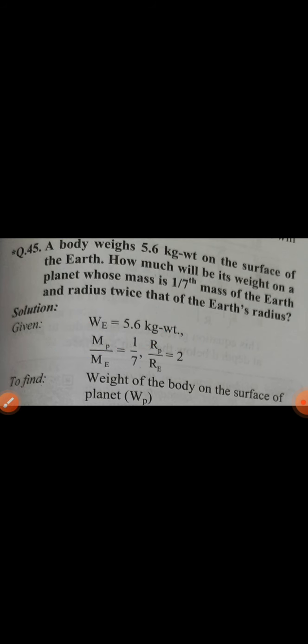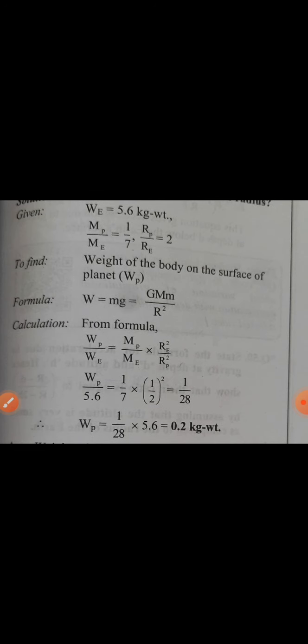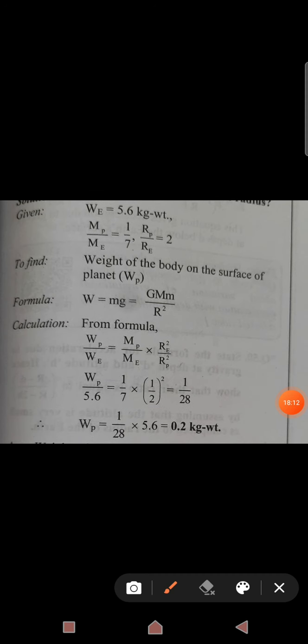Now we'll move to the solution of this question. Here weight on the earth's surface is 5.6 kilogram weight. Ratio Mp upon Me is equal to 1 upon 7.